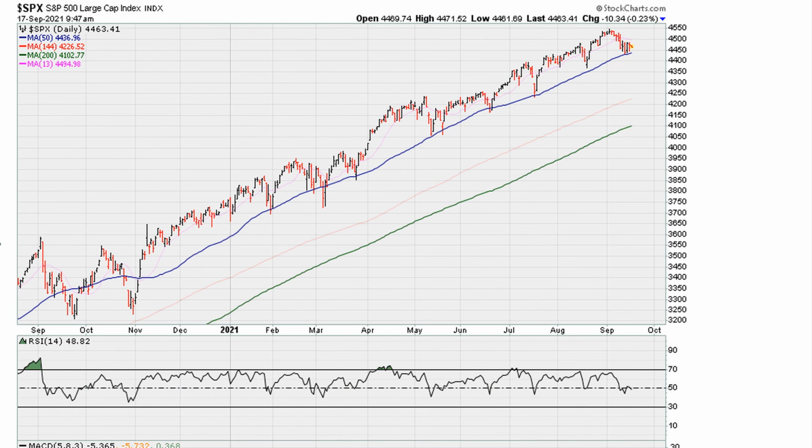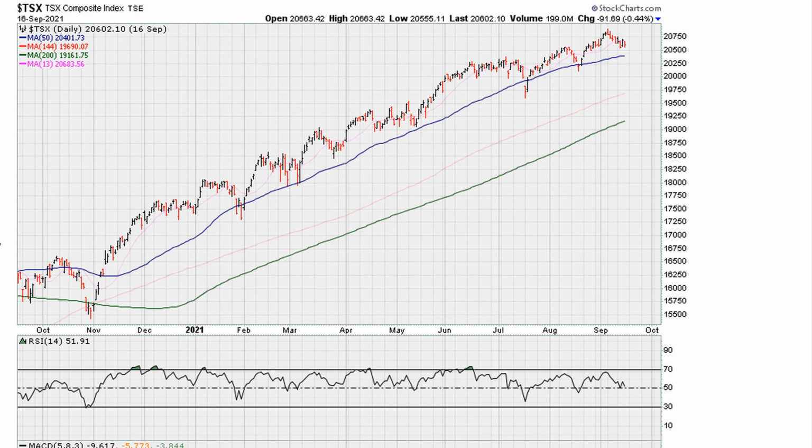Now, I just did update this chart for the S&P 500, and we can see for now the RSI is trading at about 48.8. So we can see that it is showing signs of cracking below 50. And this means that there's a chance that this could lead to a bigger drop than what is currently being observed. We shall see, of course.